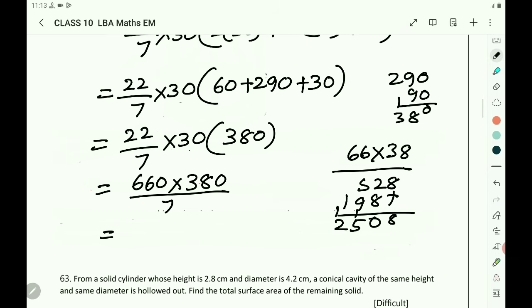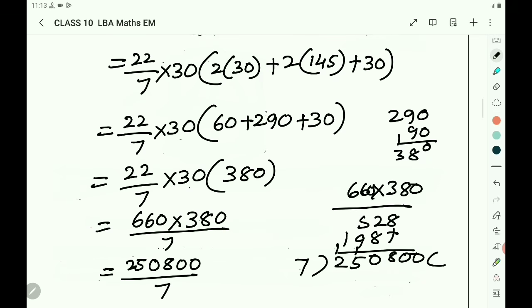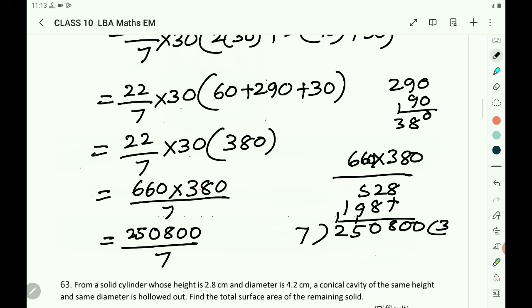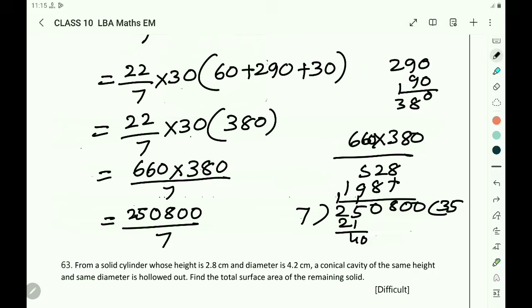Equals 2508. Here 660, 380 means extra 2 zeros, by 7. So divide it by 7. Then you will get 7 3s are 21. 4 is remaining. 7 5s are 35. 5 is remaining.